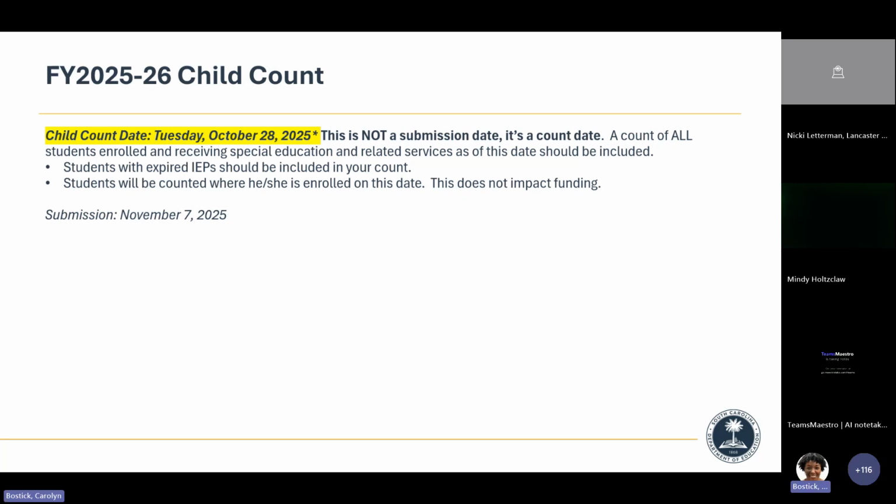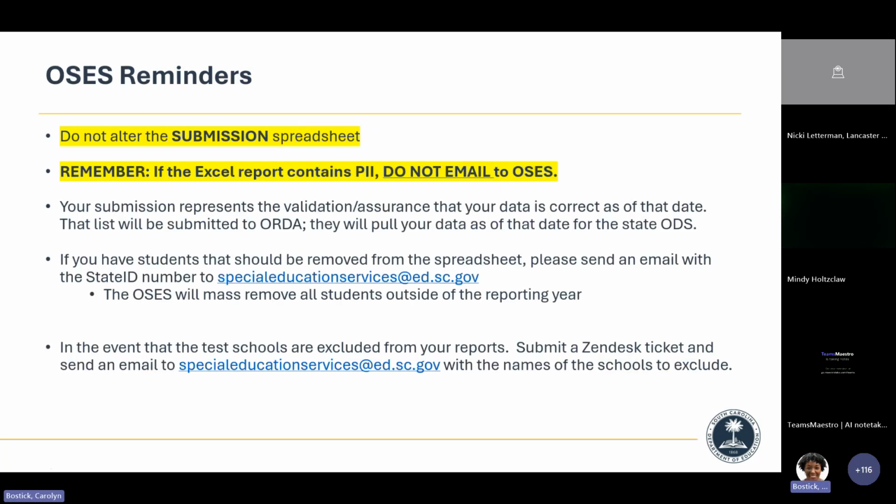I will reach out to both districts to resolve that duplicate to ensure that the student is only counted once. So just remember, wherever that child is on October 28th, that's where the student will be counted, okay?